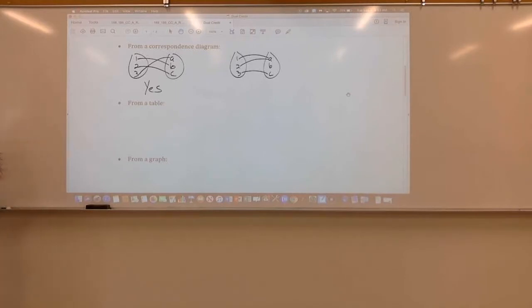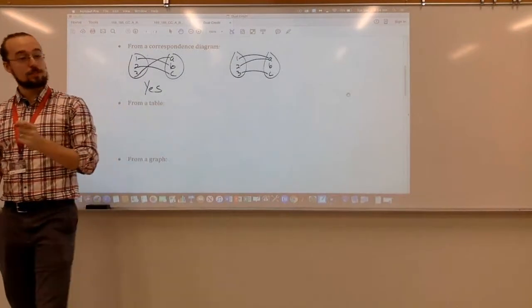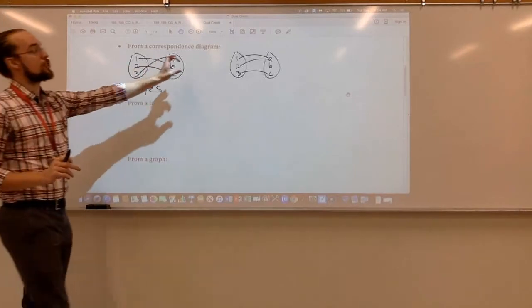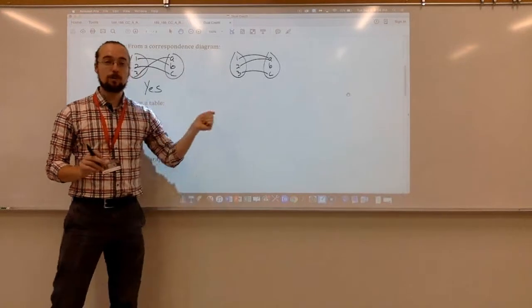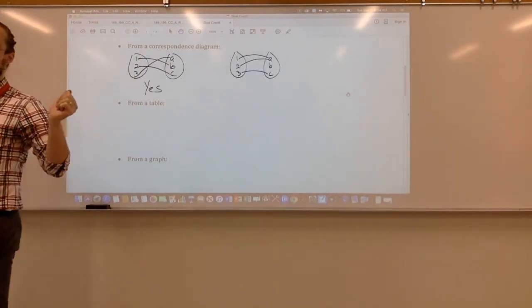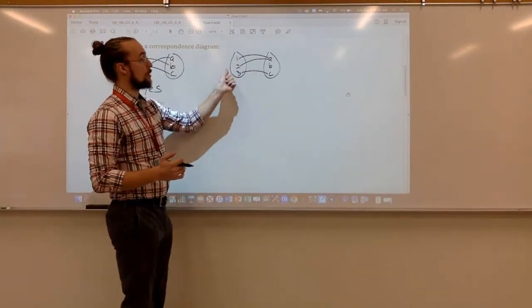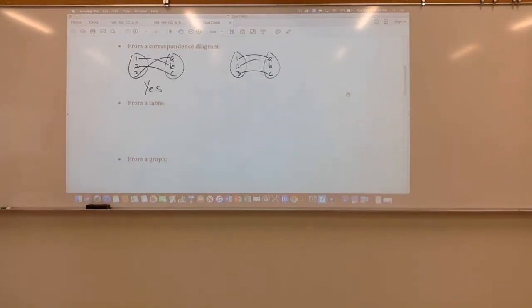Seeing a lot of no's. This is a function. For each input, I get exactly one output. That output can be the same thing, but each input gives me one output. I'm not putting in 3 and getting A, and then putting in 3 and getting C. For each input, I get one output. That output can be the same. I can put in different inputs and get the same output.